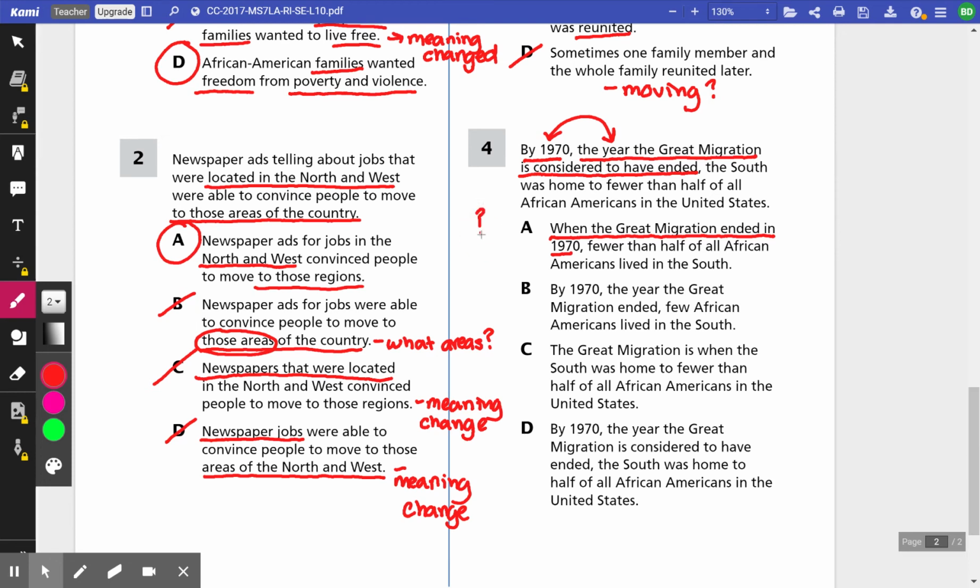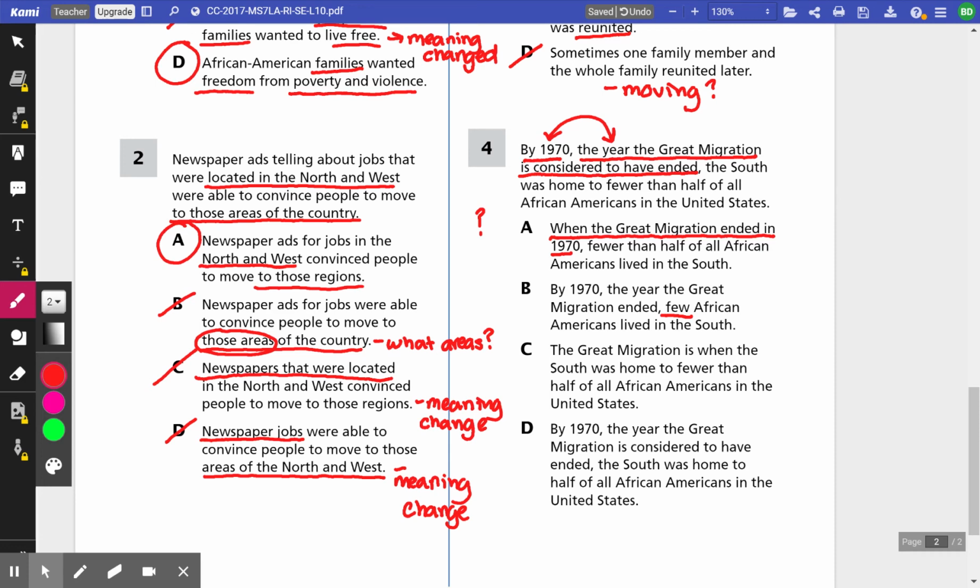So B says, by 1970, the year the Great Migration ended, few African Americans lived in the South. Well, I see one big problem. They said that few African Americans lived in the South, but that's not true according to our original sentence.